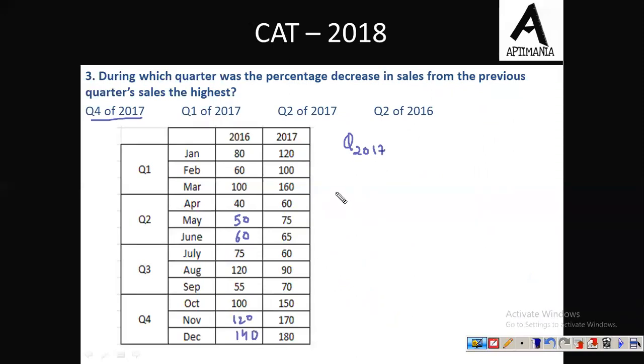So quarter 4 of 17, the total value was how much? I think it's 500. और जो previous quarter में value था, that was 60 plus 90 plus 70, that is 220. So there is an increase of 280.